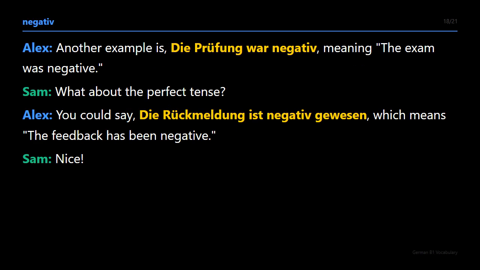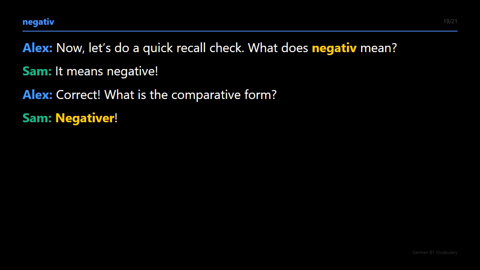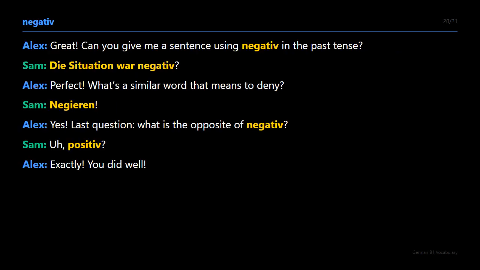Nice. Now, let's do a quick recall check. What does negativ mean? It means negative. Correct. What is the comparative form? Negativer. Great. Can you give me a sentence using negativ in the past tense?